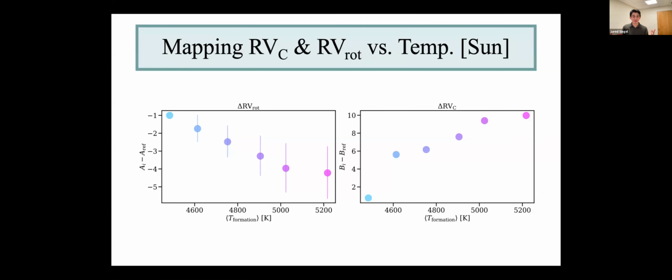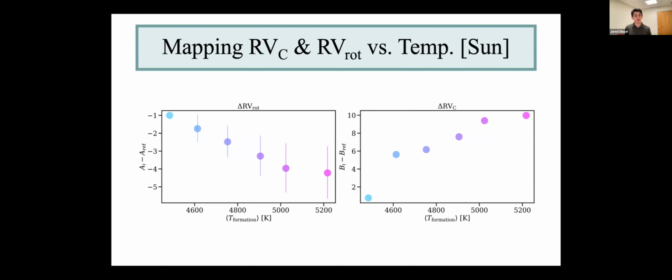Some may also remember from several slides ago that I showed that if you use stellar atmosphere modeling, so you create a 1D plane parallel atmosphere, you can actually try to calculate what these temperatures of formation are, instead of just having to talk about them in terms of scaling relations. So what that means is we can take the bins we just had in terms of line depth, and we can convert them into a mean formation temperature.